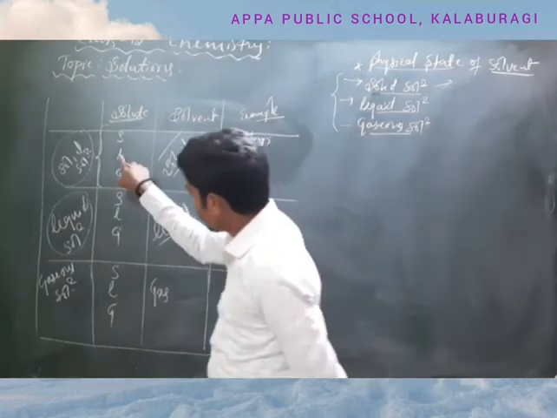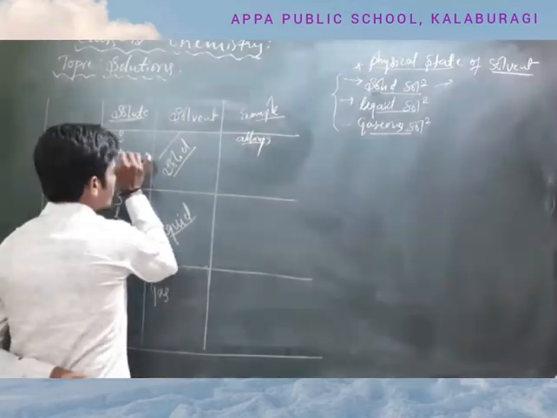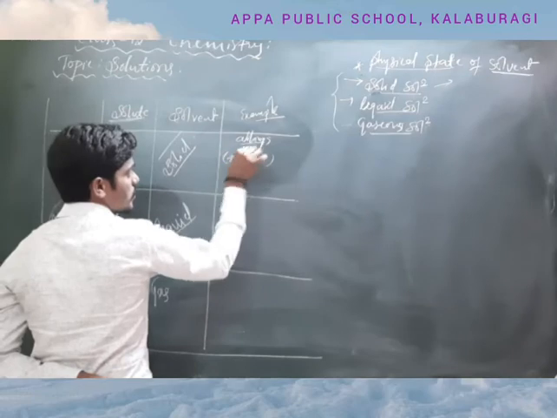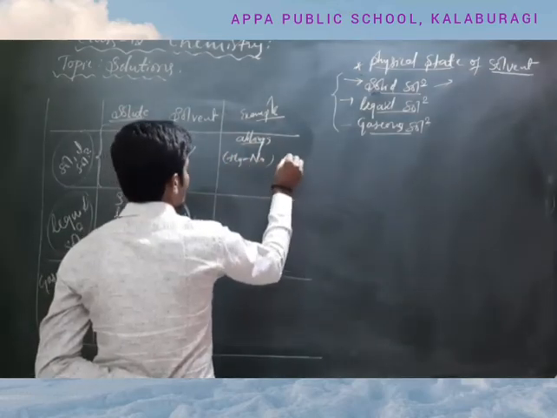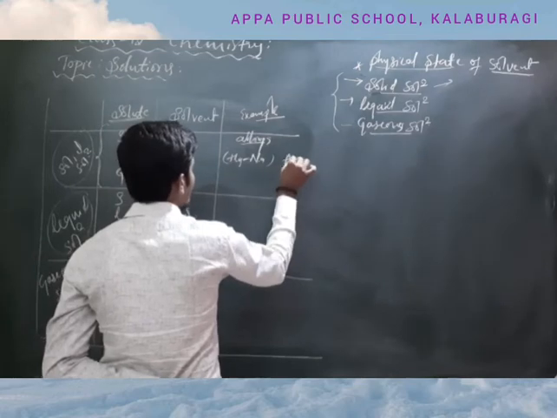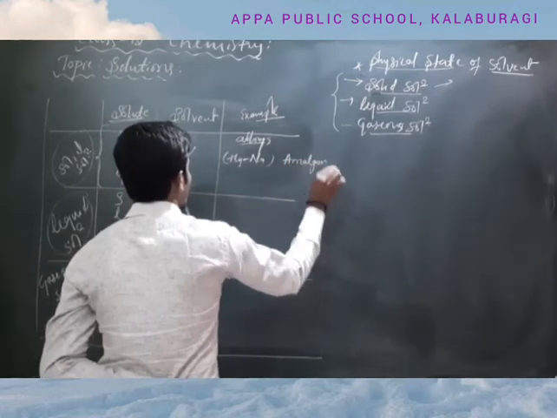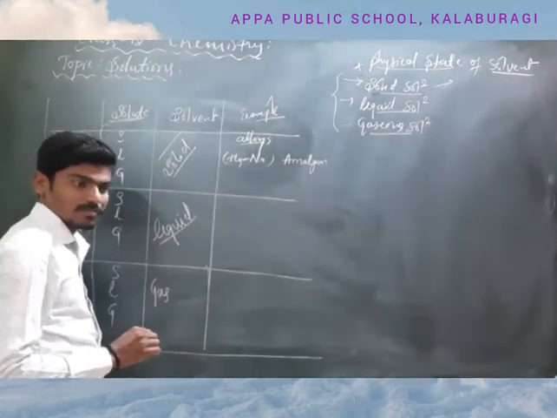Metal alloys are examples of solid solutions. Some examples of liquid dissolved in solid: amalgams. Mercury is a liquid, and mercury with sodium gives sodium amalgam, or simply we can call it metal amalgams. Gas dissolved in solid: are there any examples?